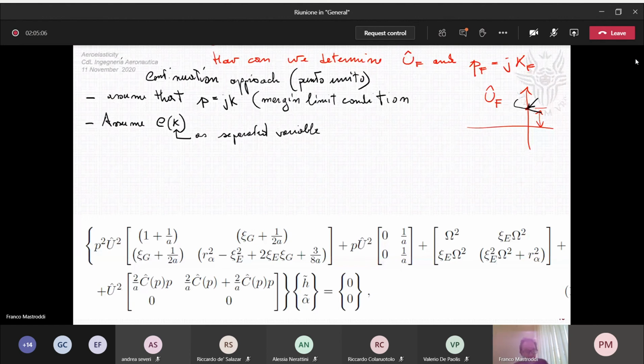An independent variable, in this point here, and here, we want to assume that this function, this P, which is, in this case, at limit JK, this K is independent of this.